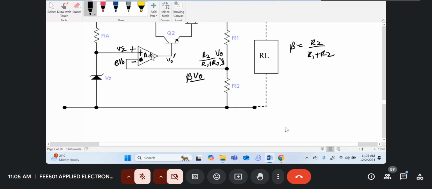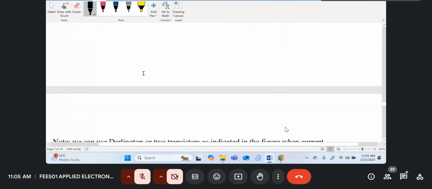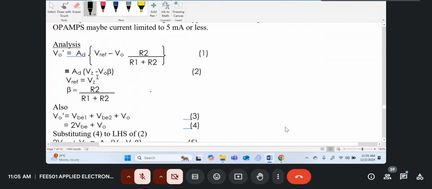It's a difference amplifier, so the output V naught dash will be AD into brackets Vz minus beta V naught. That's how you get equation 2. And I've said that Vz is the same as your Vref, and beta is your R2 over R1 plus R2.